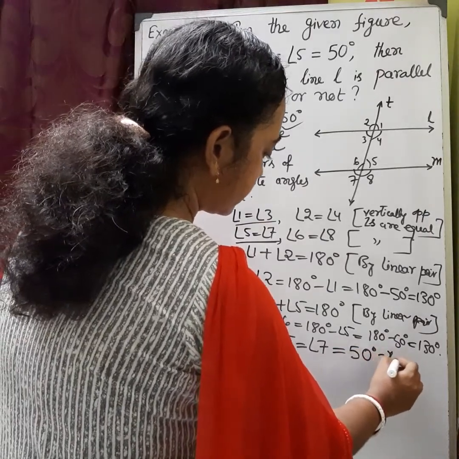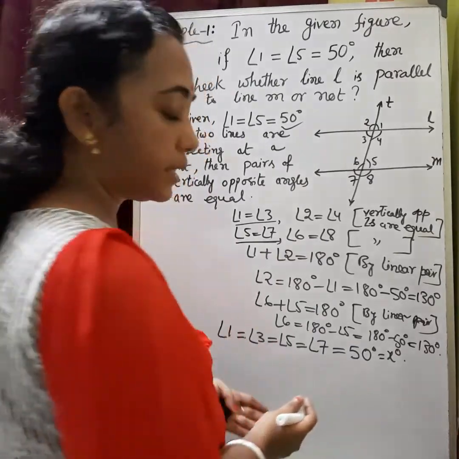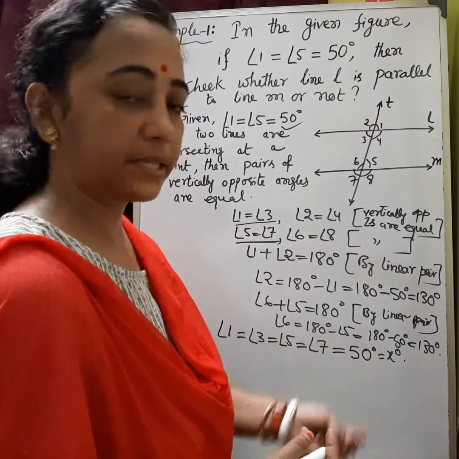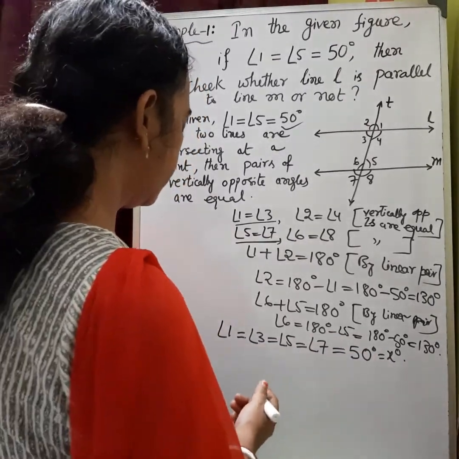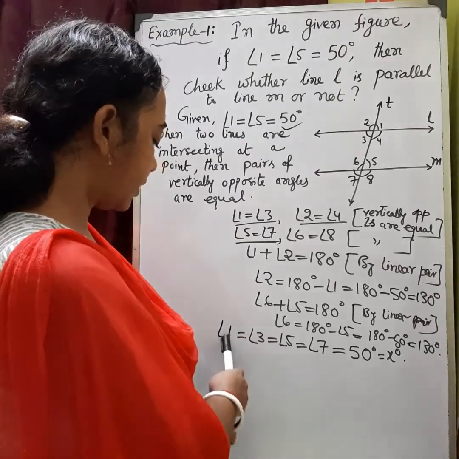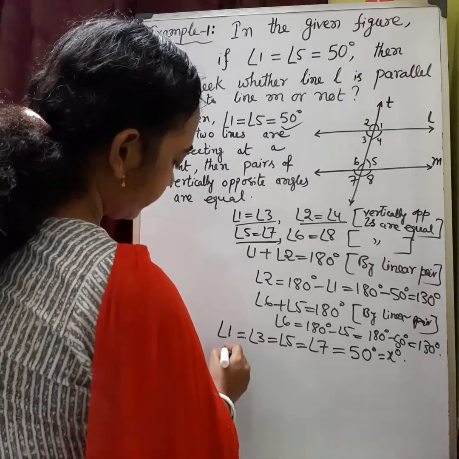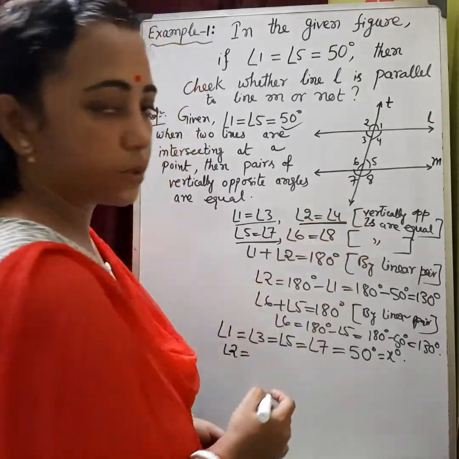So if we consider this as x degree, then we get a group of angles whose measures are equal. And if it is x degree, now let us find out the another group of angles here we will get. Now here we started with angle 1. So let us start with angle 2. So angle 2 is equal to angle 4, because vertically opposite angles are equal.